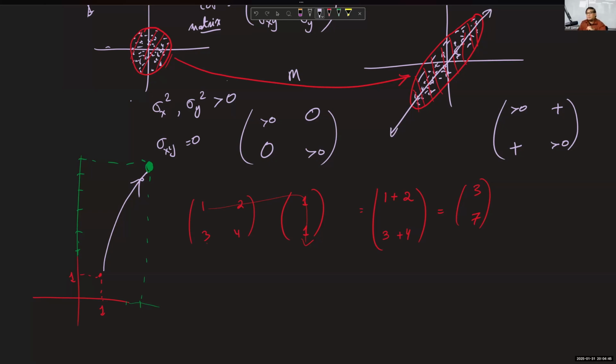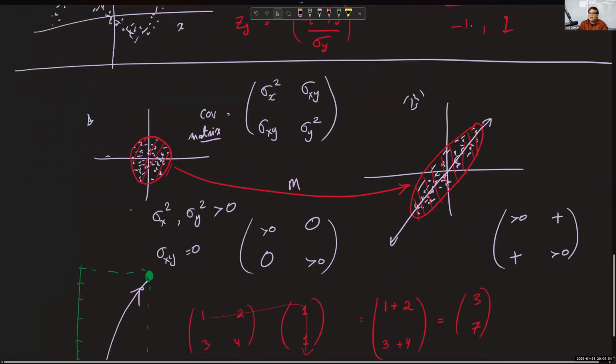That matrix contains all the information that is there in B. The covariance matrix contains all the information, whereas A contained nothing. Can you guess what is the likely matrix that can transform a disk into this ellipsoid?